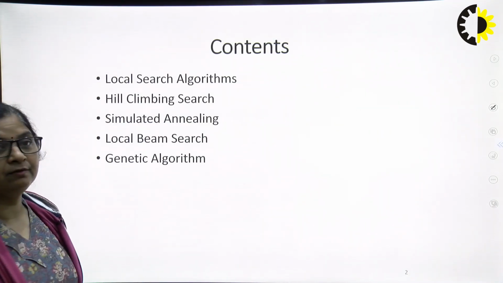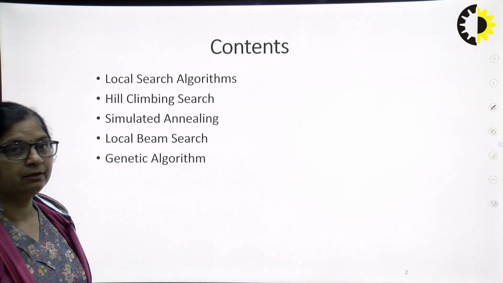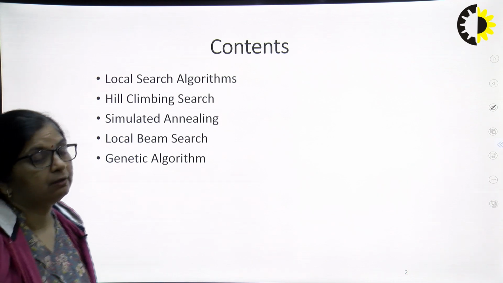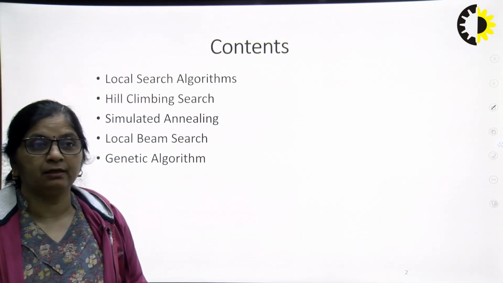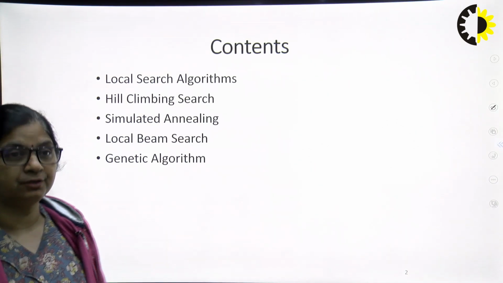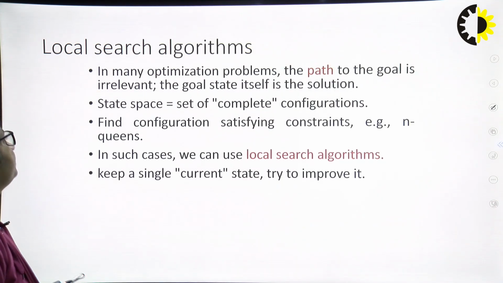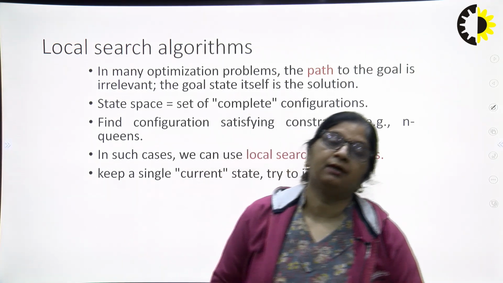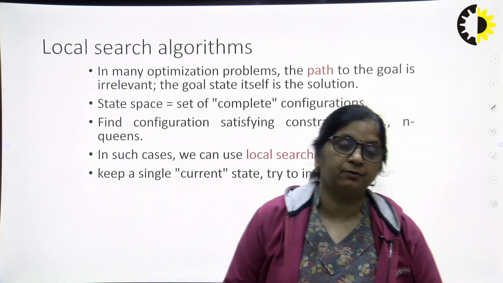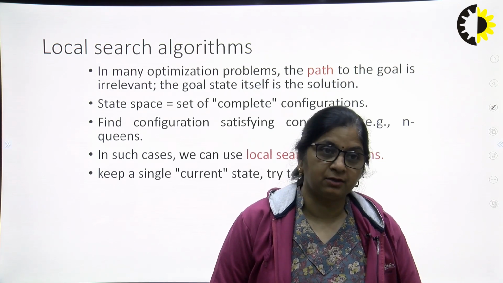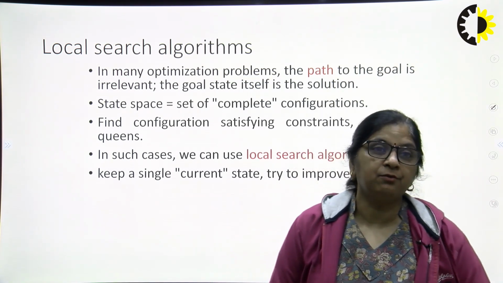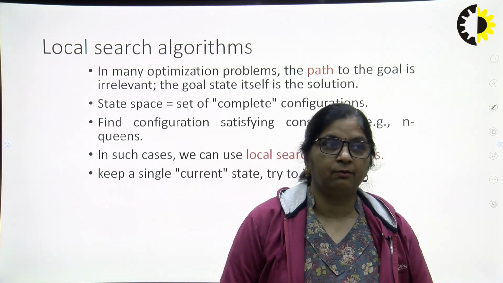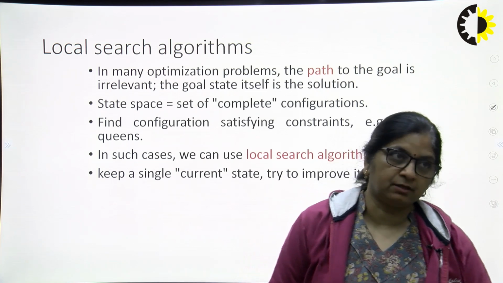In this we will talk about what local search is, and three different algorithms: hill climbing, simulated annealing, local beam search, and genetic algorithm. The first question is, when we already have informed and uninformed search, based on state transitions using the information we have, where do we need this type of search technique?